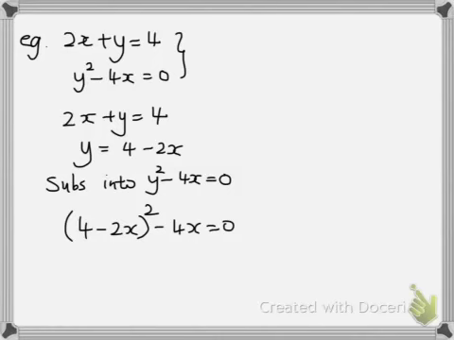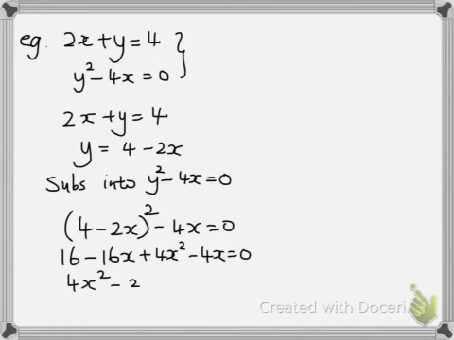Okay? And then now you're going to expand everything and say this becomes 16 minus 16x plus 4x squared. Collect all the like terms, rewrite them to say 4x squared minus 20x plus 16 equals 0.